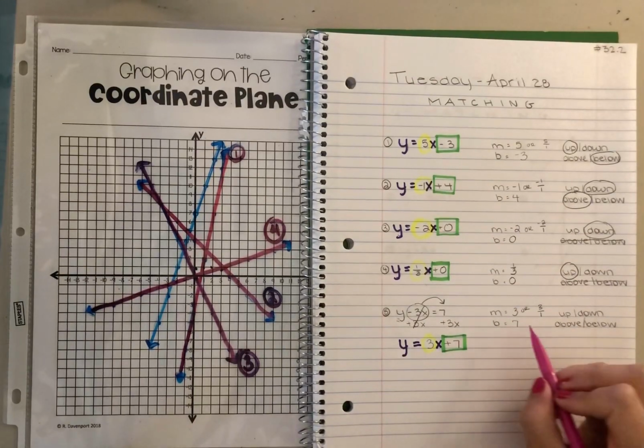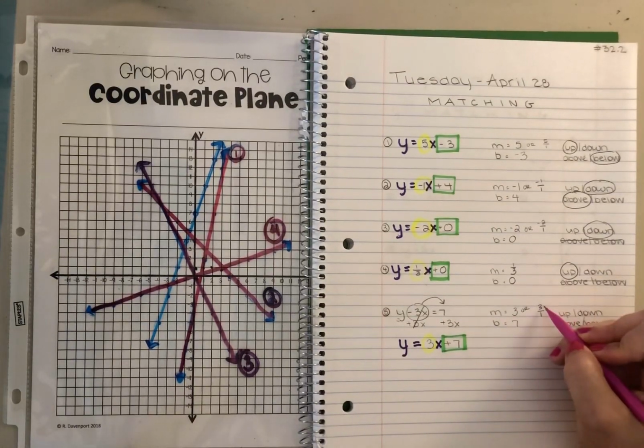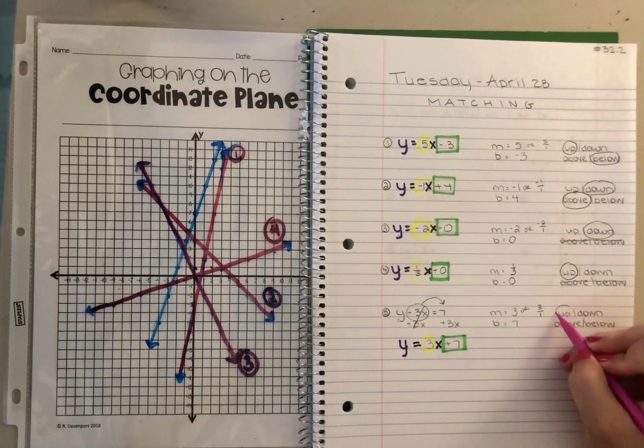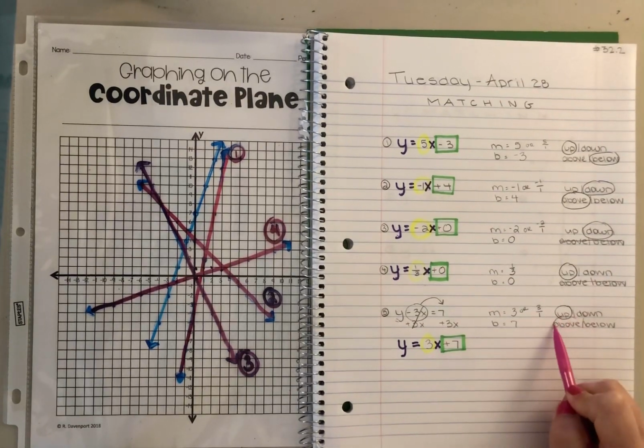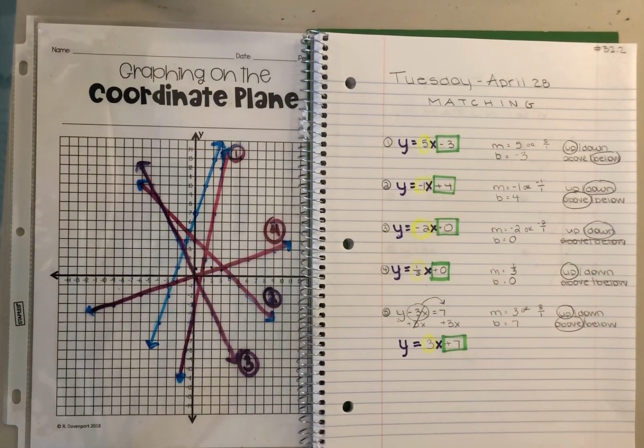So analyzing that slope, we've got a positive value, which means it's going to go up 3 and right 1. So as we move left to right, it goes up. My b value is positive 7, which means we're going to find that above the x-axis.